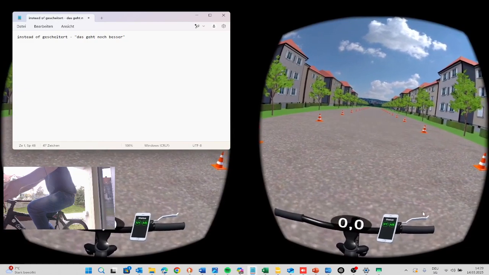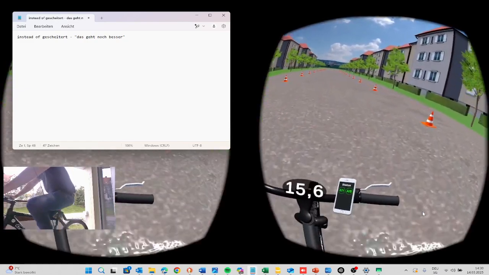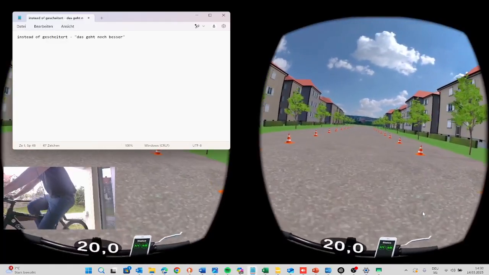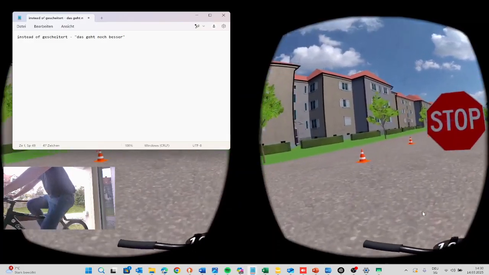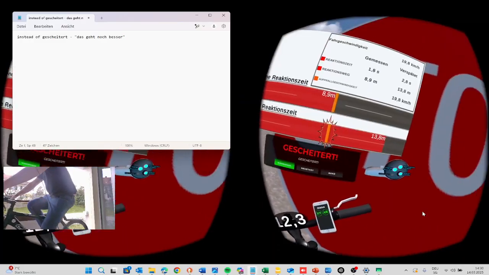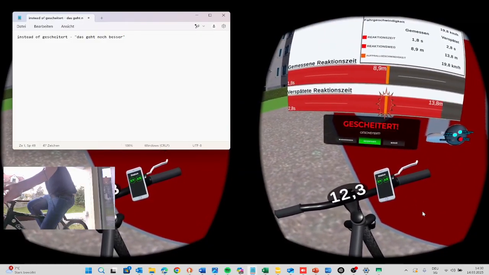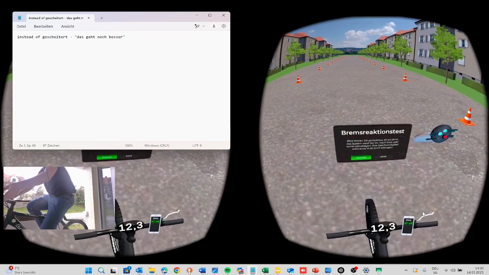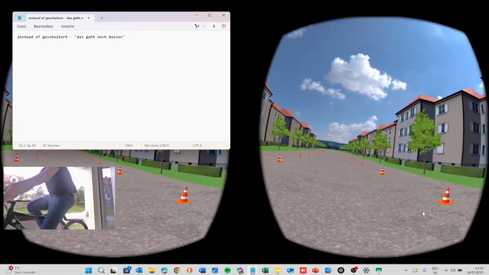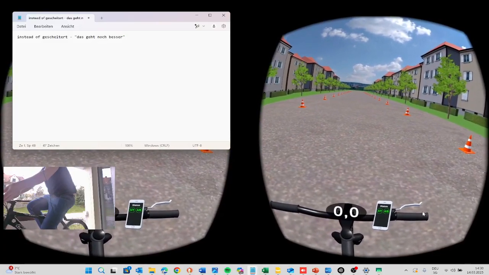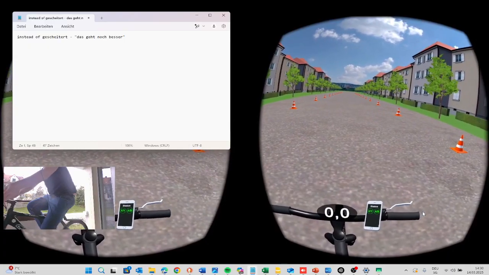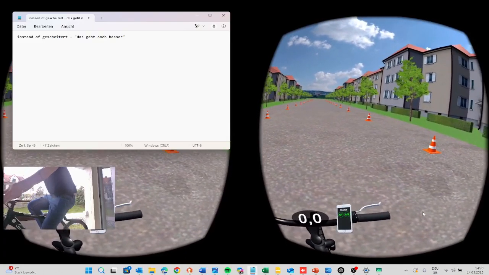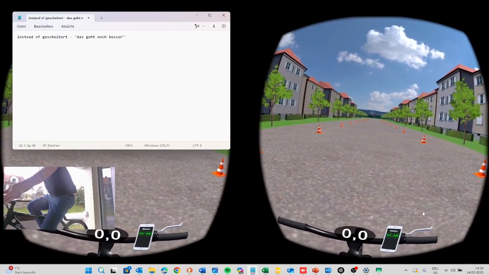So, play. Yeah, and we have to add into this instruction, if you have to reset the position of the bicycle and of the person, you have to tell the people to close their eyes, to put the steering wheel in the correct position, and then we press reset position.